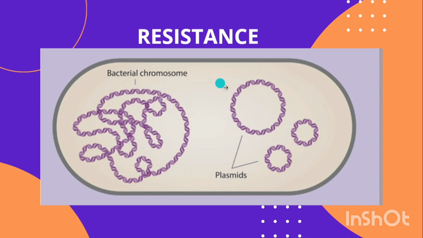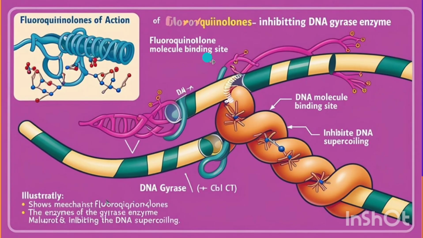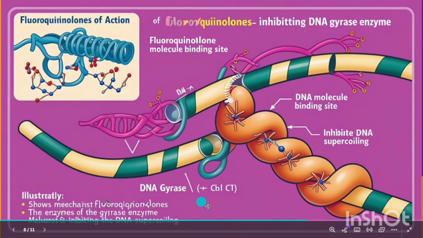So this type of resistance is almost negligible, whereas if the bacteria do develop resistance, they may do so by mutations in the topoisomerase 4 and DNA gyrase enzymes, reducing the affinity for fluoroquinolones.